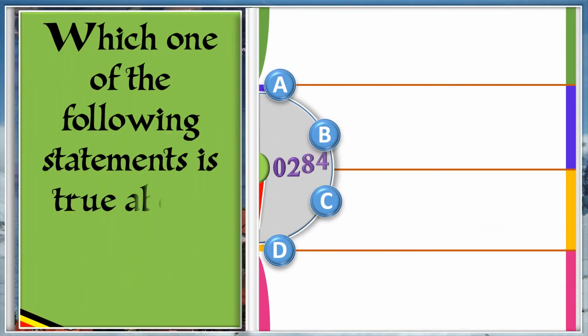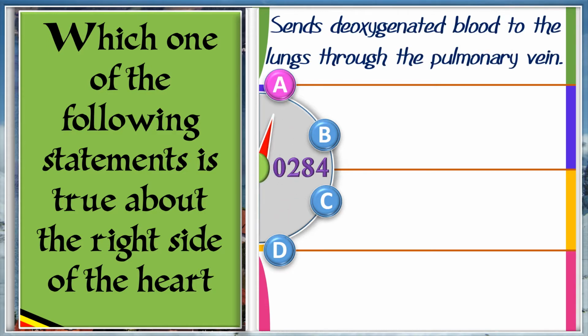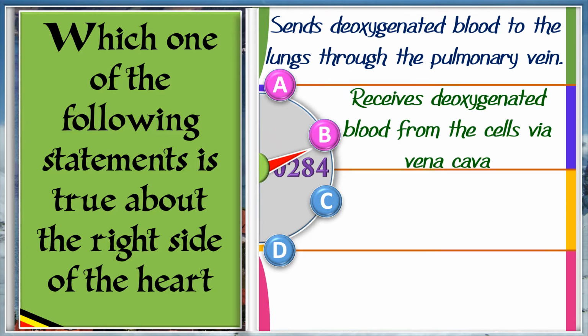Which one of the following statements is true about the right side of the heart? A. Sends oxygenated blood to the lungs through the pulmonary vein. B. Receives deoxygenated blood from the cells via vena cava.